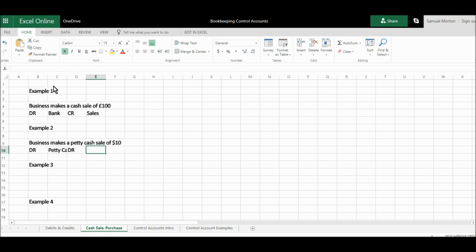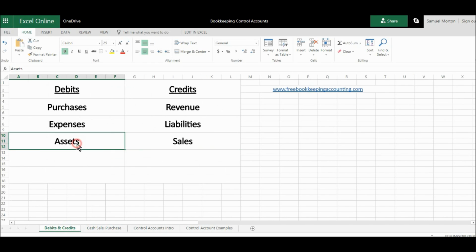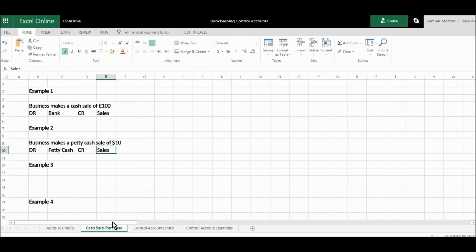Let's just make that a bit bigger. And then the credit is sales. So credit sales $10, debit petty cash $10. So each time we have our asset and with the sale, debit, asset, credit, sales.